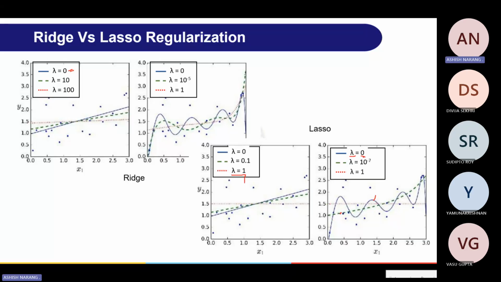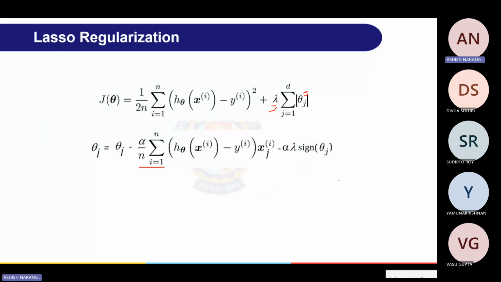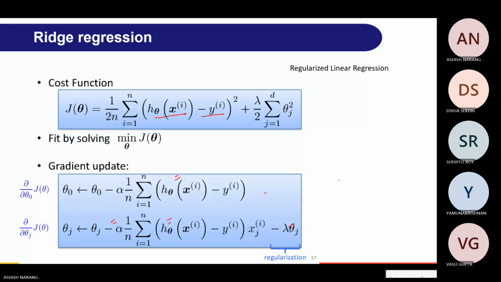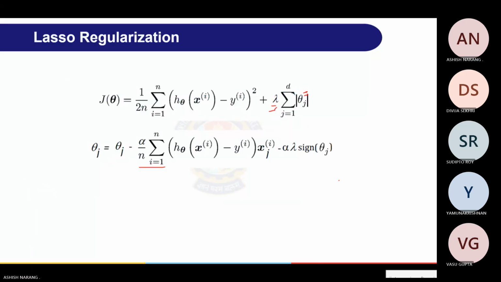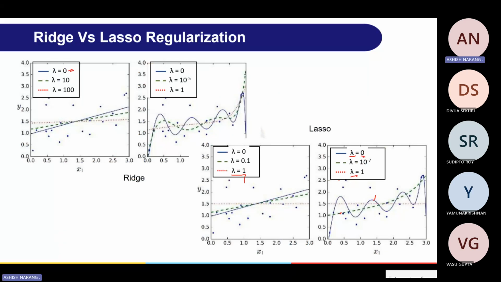And with ridge, you see this is the line coming in when lambda is 1. So lambda 1 will remain the same because lambda square is also that. So when you increase lambda, some weights will definitely approach 0.